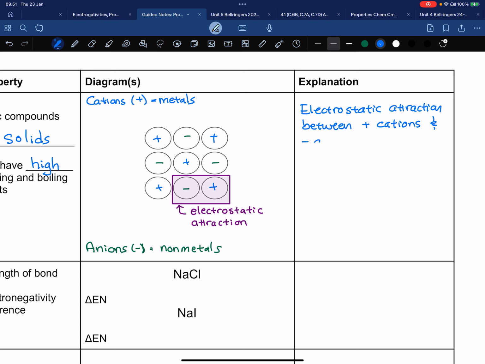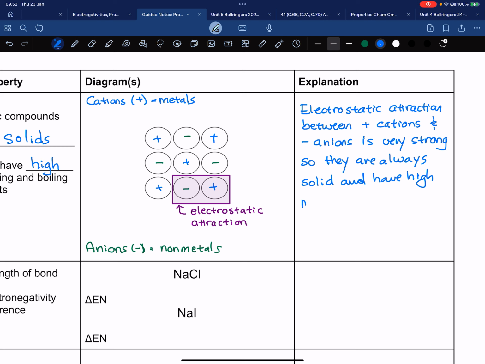And the negative anions is very strong. So they are always solid at room temperature, of course, and have high melting points, which I will often abbreviate as temperature of melting.